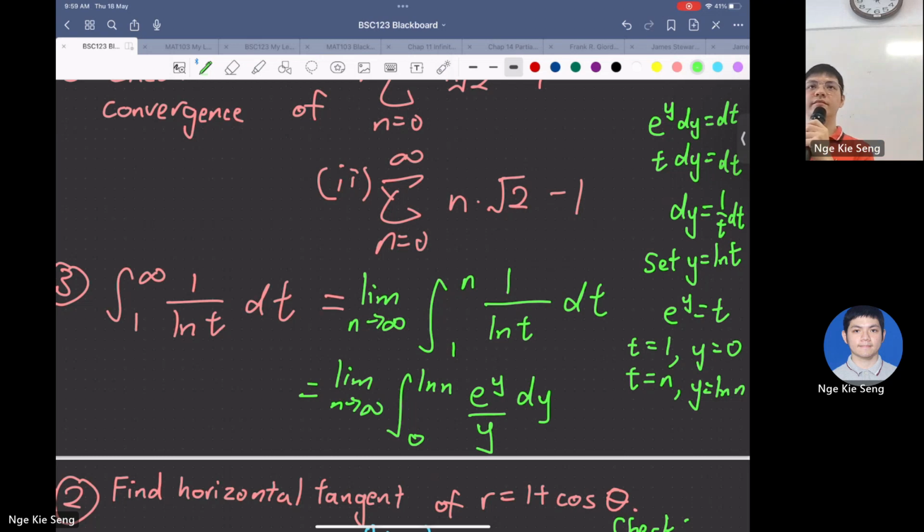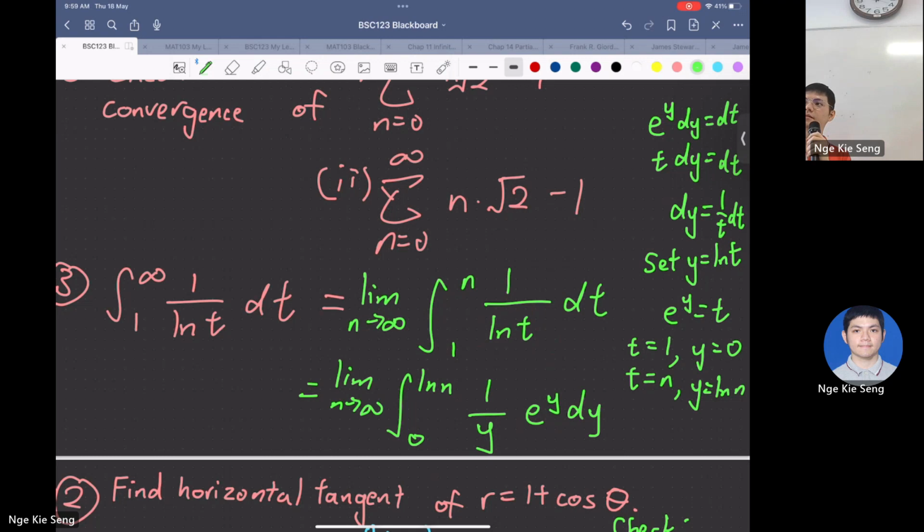Does everyone follow? So I change this variable to y, and then I introduce the change of variable of dt. Is that okay? So maybe I move it up, maybe clearer in this case.